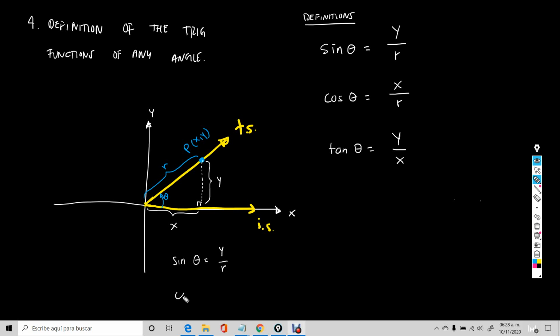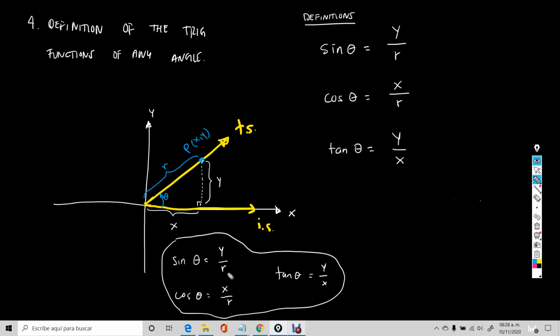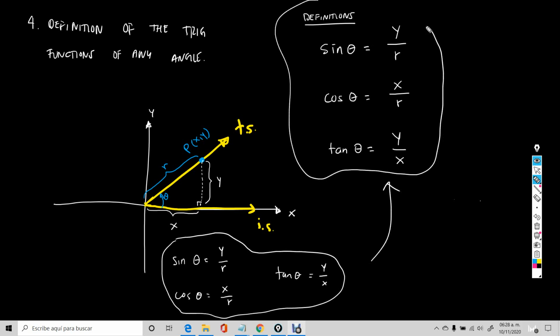The cosine of theta is the adjacent cathetus, which is x, over the hypotenuse, which is r, and the tangent of theta is the opposite cathetus over the adjacent cathetus, so it's y over x. Now look at these things which we already defined before, and look at these other new things, which are the most general definitions of the functions. It's the exact same thing.